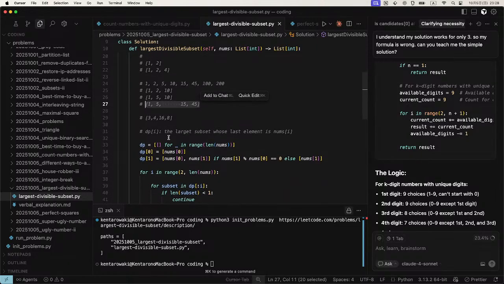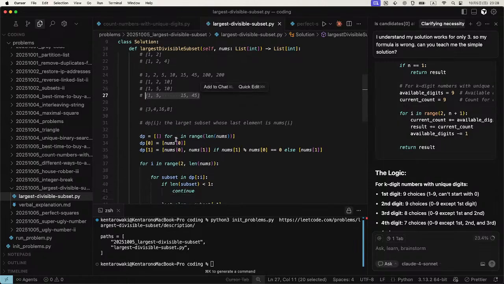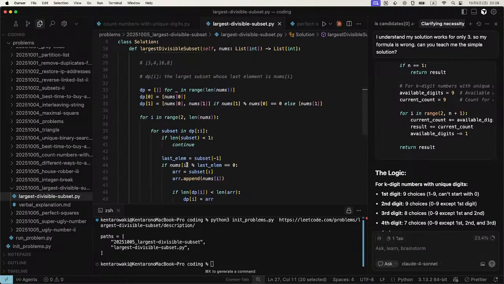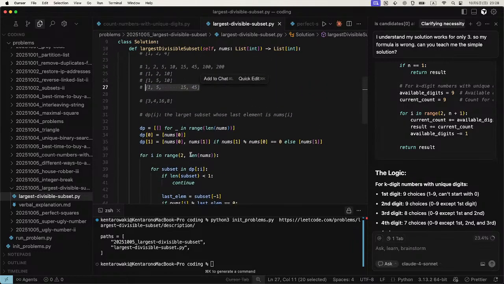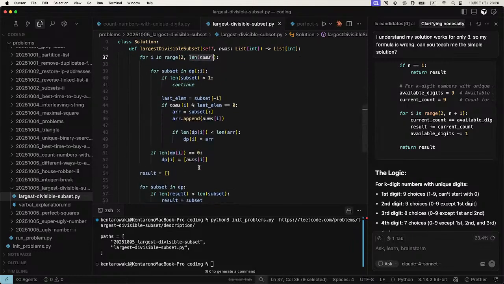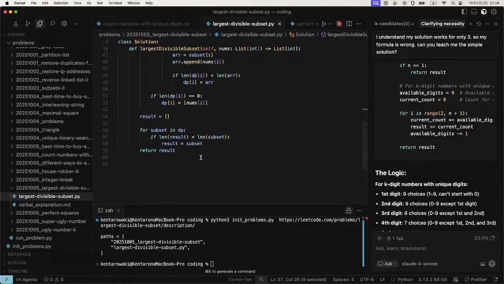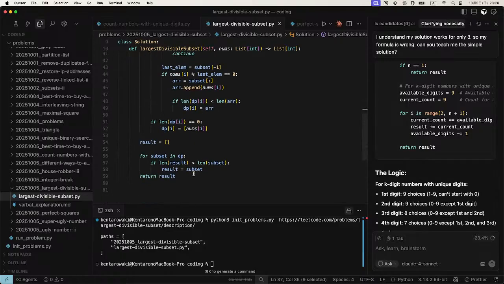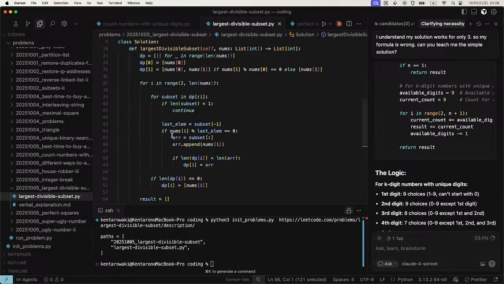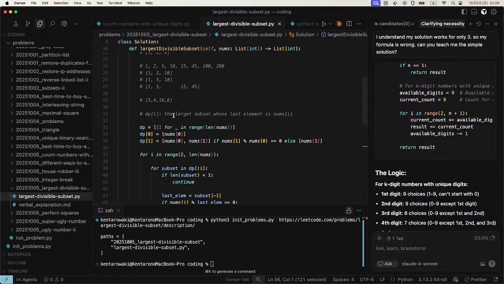This is how we solve the subproblems. Okay, so we go up to the end of the numbers, and finally we return it. But the definition is like this.